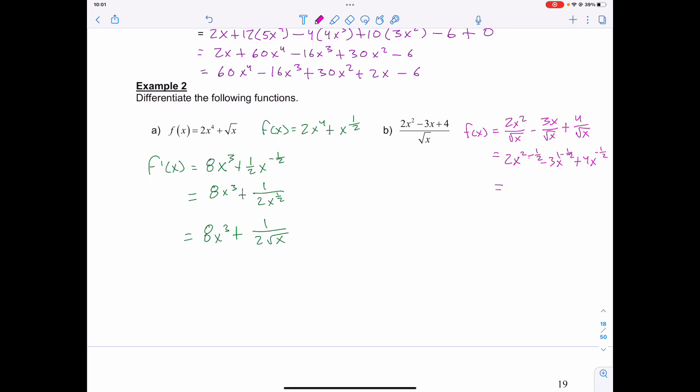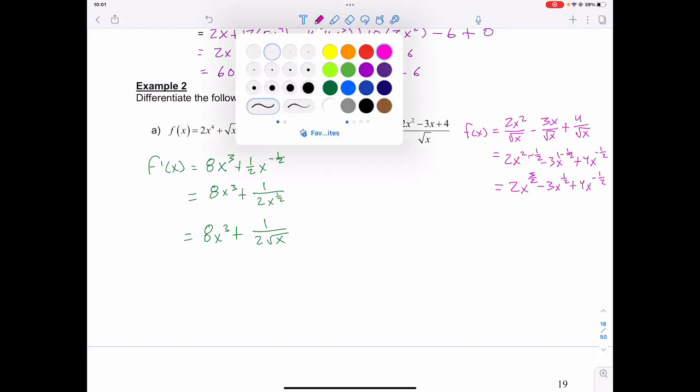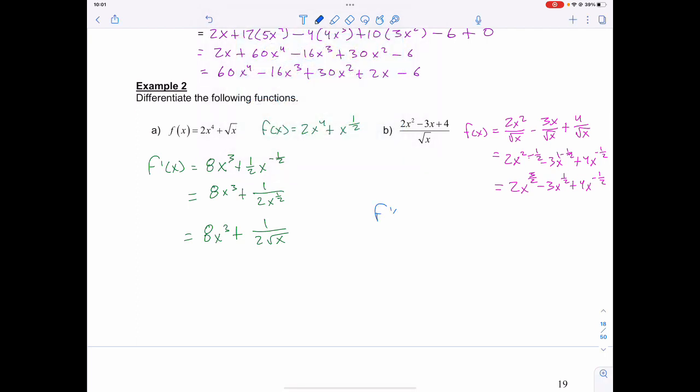And when I simplify that, what am I left with? 2x to the 3/2 minus 3x to the 1/2 plus 4x to the negative 1/2. Now I can use that to solve what my f prime of x is going to be. So I'm going to have 2 times 3/2, and when I take away 1 from 3/2, I'm going to have x to the 1/2.